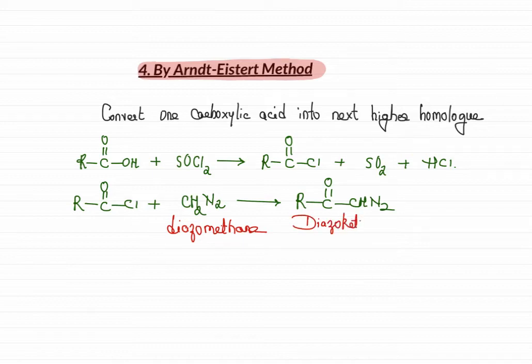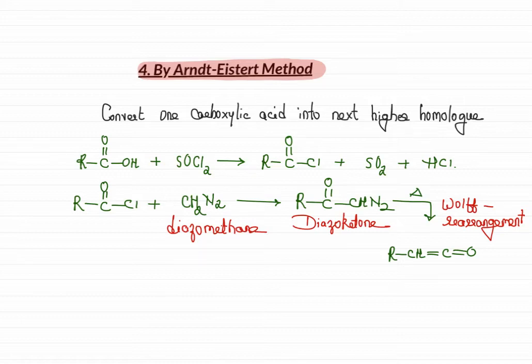And this diazo ketone, upon heating, has a good leaving group. It undergoes a rearrangement which is referred to as Wolff rearrangement. I would show you how this happens, but this would form RCH double bond C double bond O plus N2.